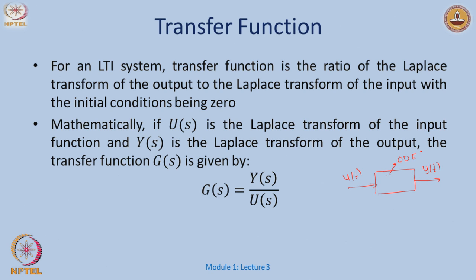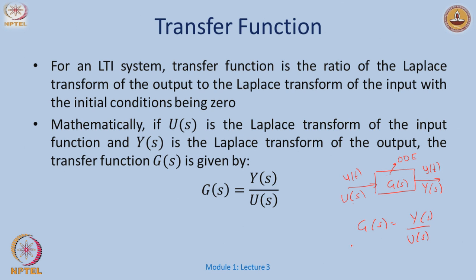I transform it into the Laplace domain, I have a Y(s), and the linear relation which describes how a certain input results in a certain output is called the transfer function.